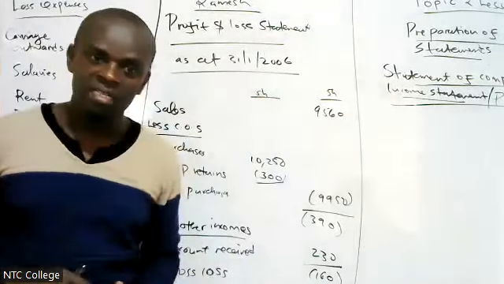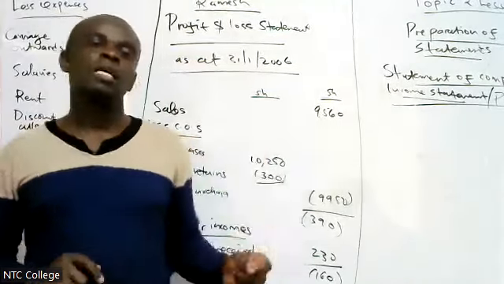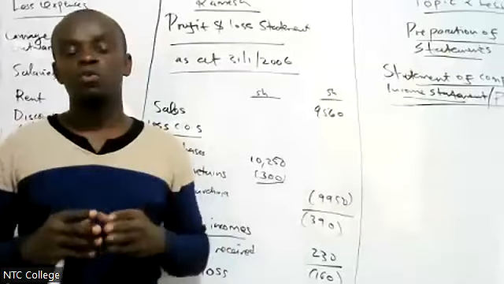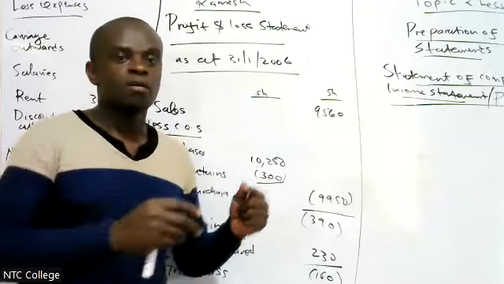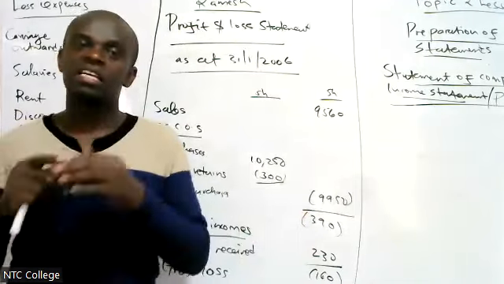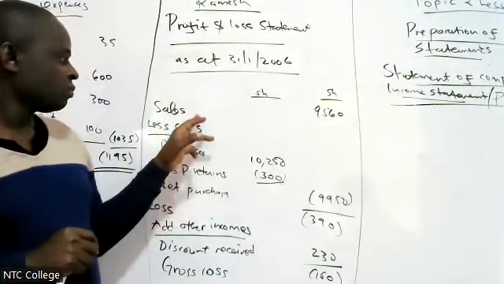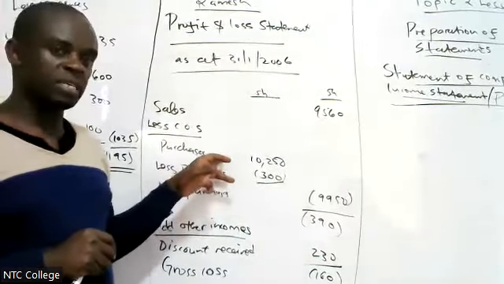Carriage inwards is the cost that you incur whenever you are purchasing goods and bringing them into a business. So if you pay for the cost of transport of goods that you bought from someone into a business, then that is called carriage inwards. And carriage inwards, we add here because it's a cost of sales.